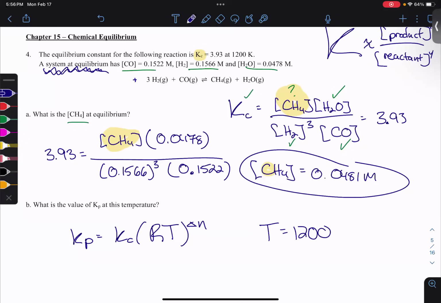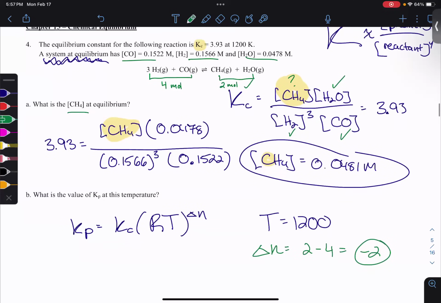We know the R we're going to use, so let's figure out what is delta N. This is how I approach it. I just count how many moles of gas are on our reactant side. 4 moles of gas. And then on my product side, 2. So that means delta N is equal to 2 minus 4. It is equal to -2. I lose 2 moles of gas in the course of this reaction.